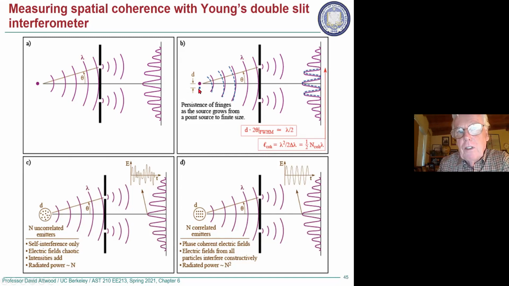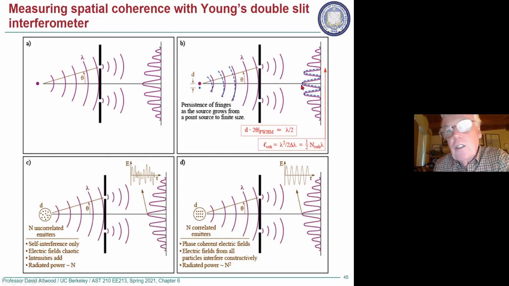Because, for instance, the blue one takes a little longer to get to the top and a little less time to get to the bottom. And so they don't produce a maximum right on axis, they produce a maximum shown by the dashed lines slightly off axis. And if you separate these further, you can get to the point where you just wash out all the fringes.